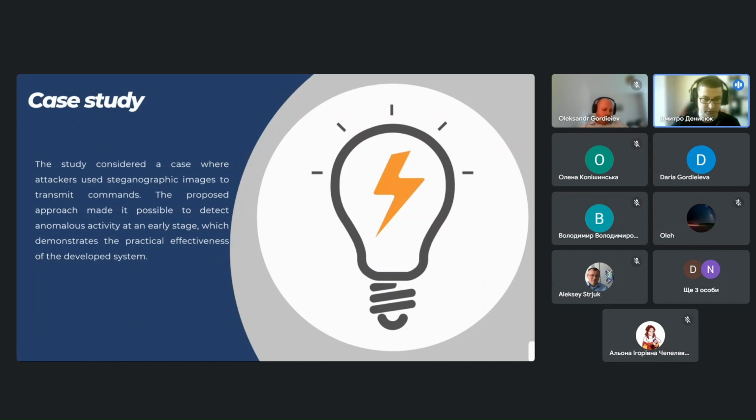For the first dataset, we used open source images to train the CNN to detect steganography, and for the second dataset, we created a dataset with my team, not an open source data set.